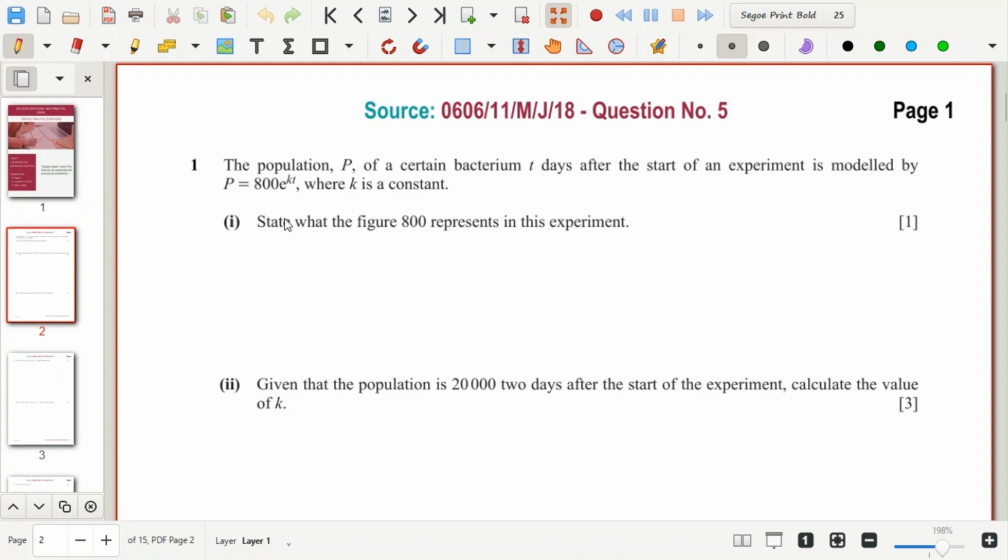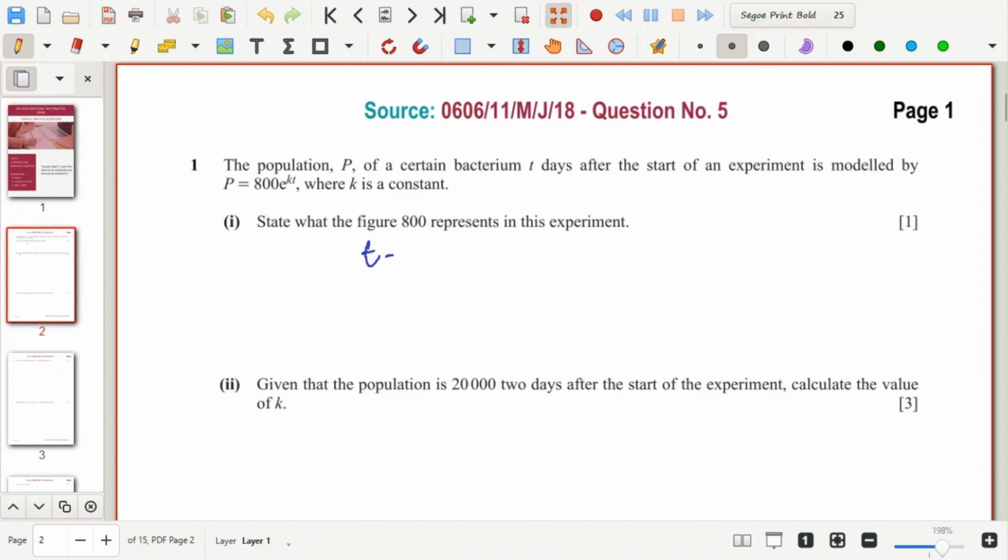Okay. Now, I know many students will say that the 800 is the rate of the experiment. But you can't be quick to conclude like that. What you need to know is that at the initial time, or at the beginning of the experiment, your time is what?